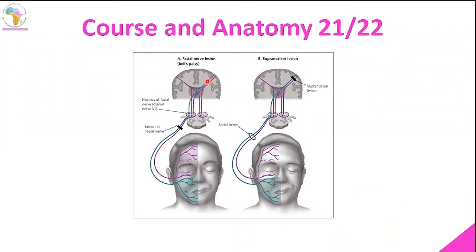So there's a contralateral supply to these nuclei as well as an ipsilateral supply. What is special about this is that Bell's palsy is a palsy of the facial nerve that arises from a lower motor lesion.